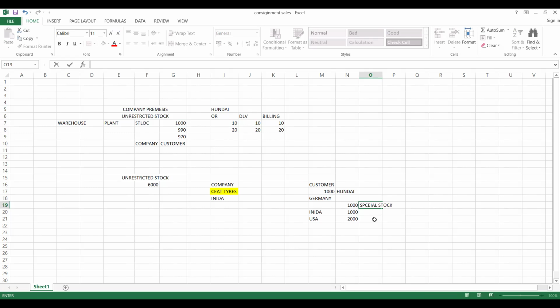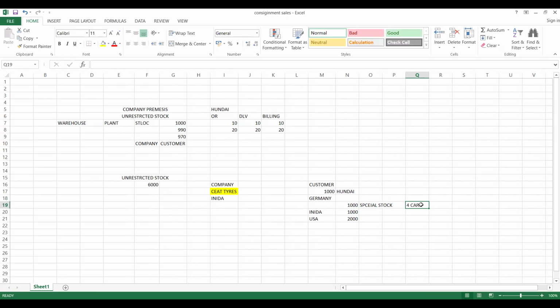Why do we call it that? Because if I place it at Germany, suppose he would like to use, out of 1,000 tires, some 16 tires for 4 cars. So the stock will be reduced. He would like to manufacture some 4 cars.